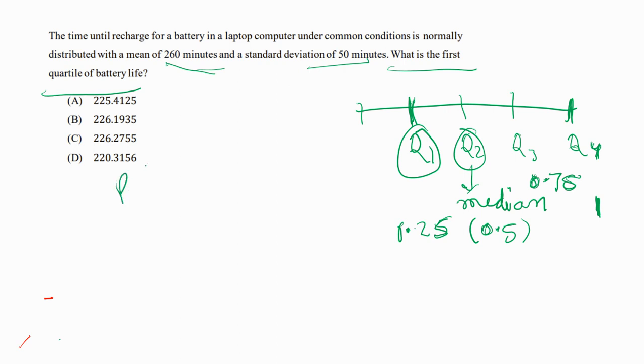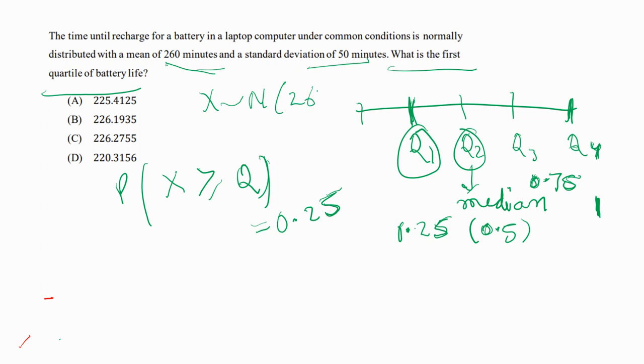So now we have the probability: x greater than or equal to q, and this is equal to 0.25. That means it has covered the region 25%. Now we will convert it to standard normal variate.